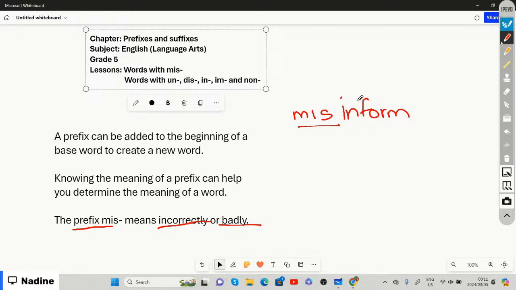If we look at more examples, remember, we said miss either means incorrectly or badly. So misinform is informing somebody incorrectly.